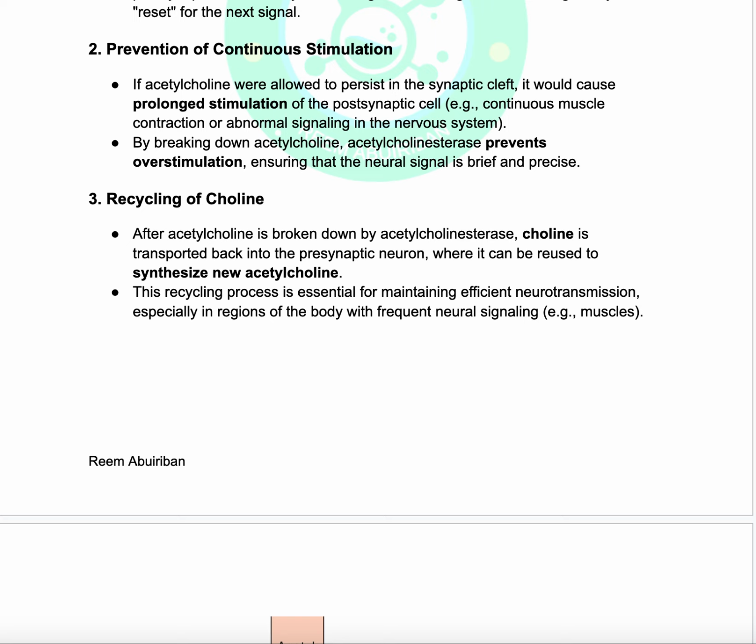So there is no waste product. Choline will be recycled in the presynaptic neuron to be reused for new acetylcholine. The recycling process is essential for maintaining efficient neurotransmission, especially in the regions of the body with frequent neural signaling, like muscles.